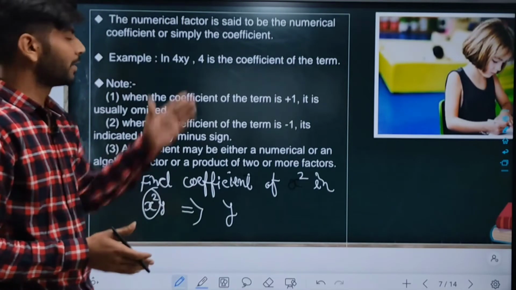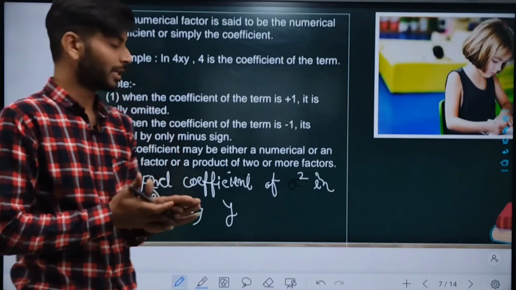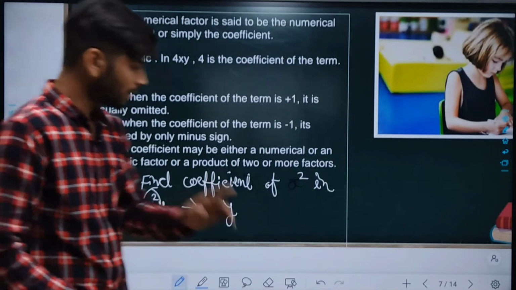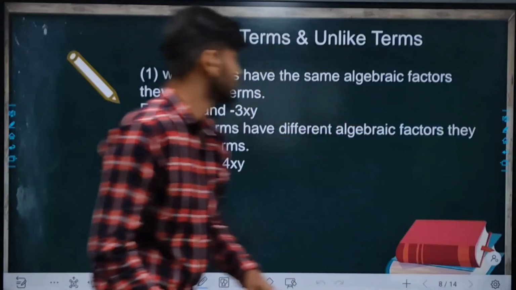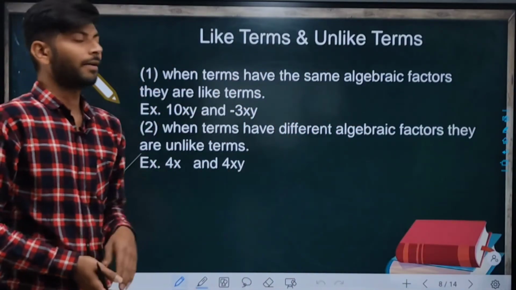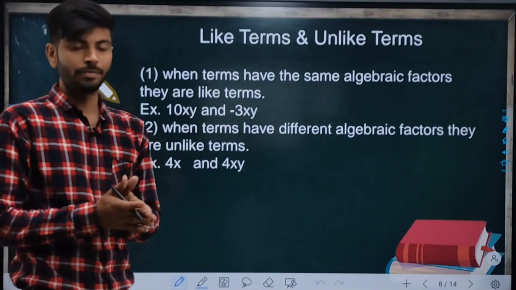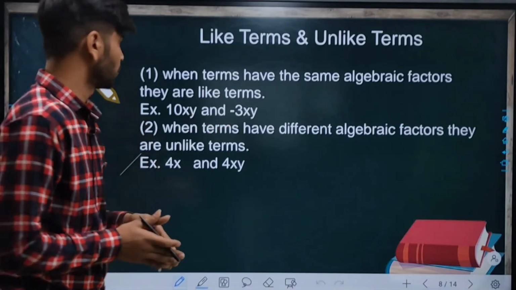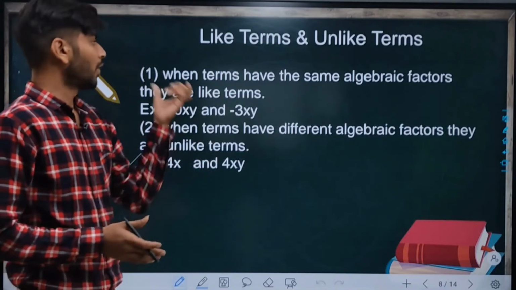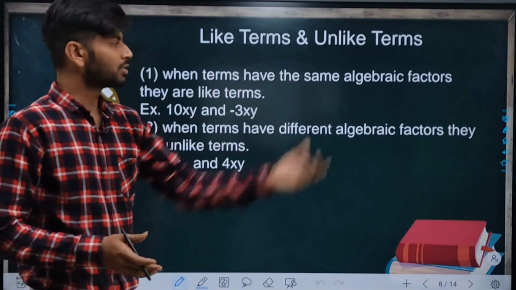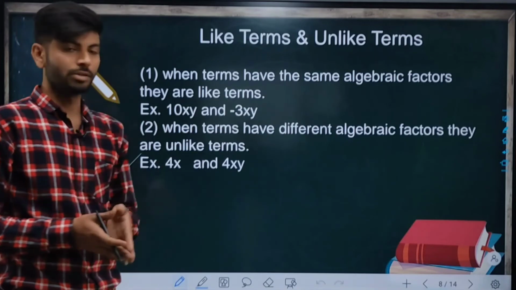So I think you are understanding this better now. Let's see next, like and unlike terms. What is a like term and what is an unlike term? First of all, when the terms have the same algebraic factors, they are like terms.